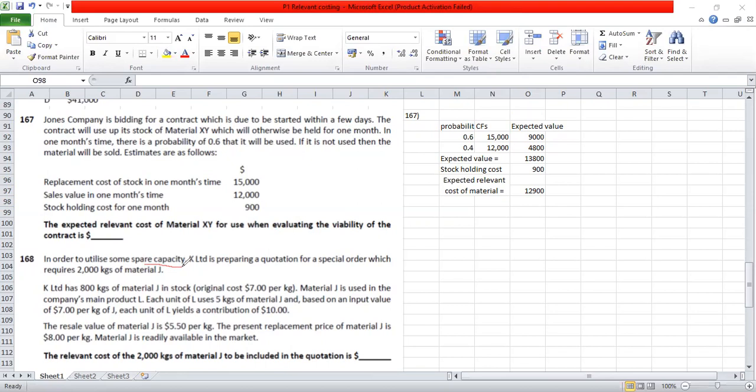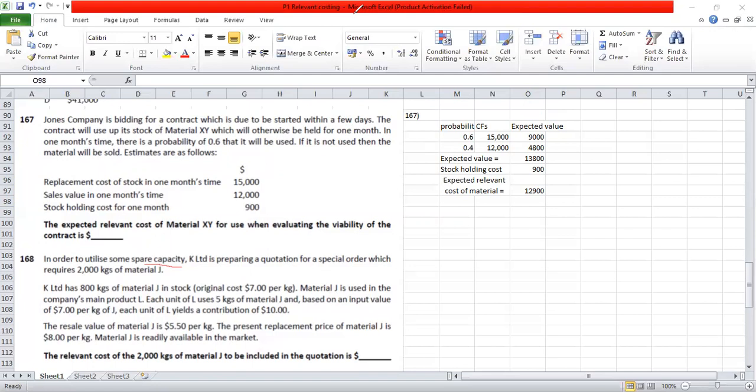Material J is used in the company's main product L. Each unit of L uses 5 kgs of material J, and based on an input value of 7 per kg of J, each unit of L yields a contribution of $10.